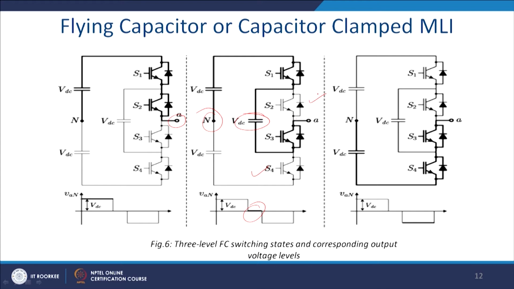So, there is a redundancy, and you can generate this voltage by the combination of S1 S3 or S4 S2, where S4 is nothing but S1 prime, and you can also write S2 prime.